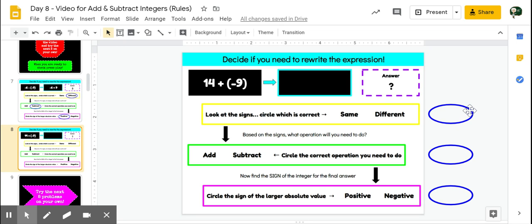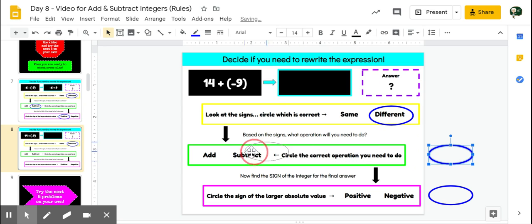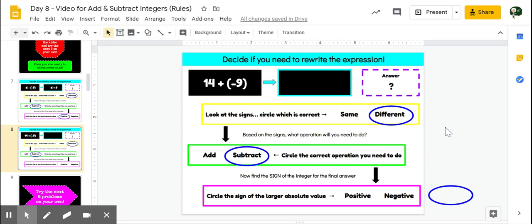For your second example, we have 14 plus a negative 9. This is already an addition problem, so I don't need to rewrite it. So I look at the signs. I have a positive 14, I have a negative 9. These signs are different. Different signs tell me that I need to subtract. So I'm subtracting their absolute values. 14, the absolute value of negative 9 is 9.